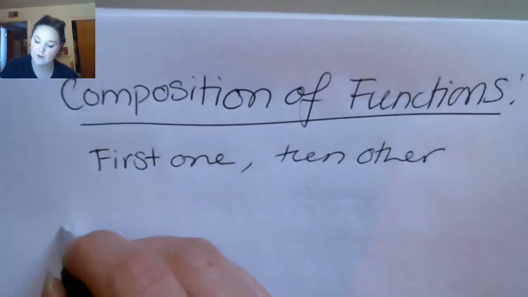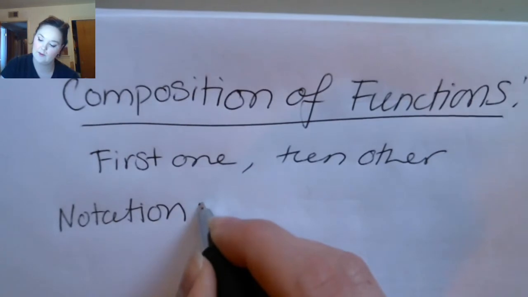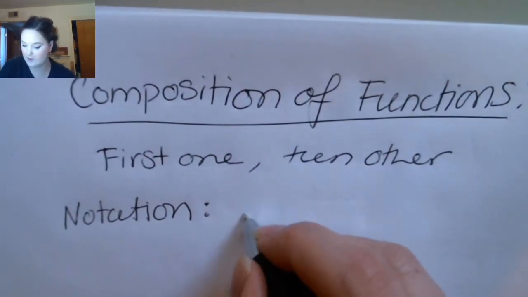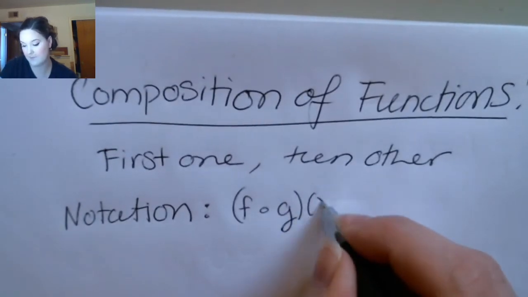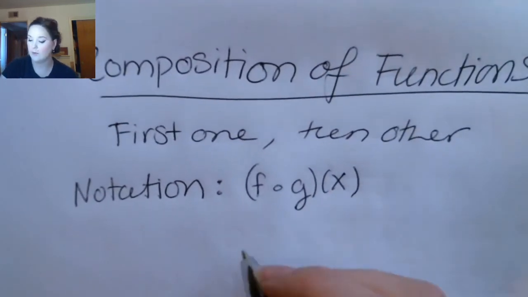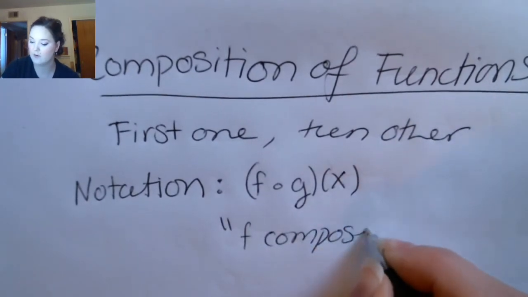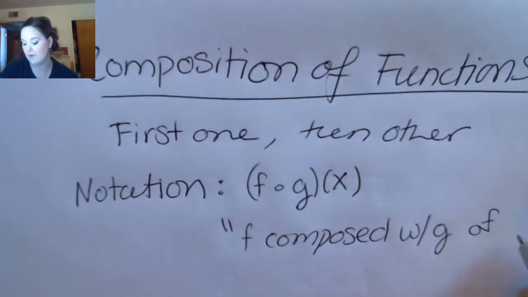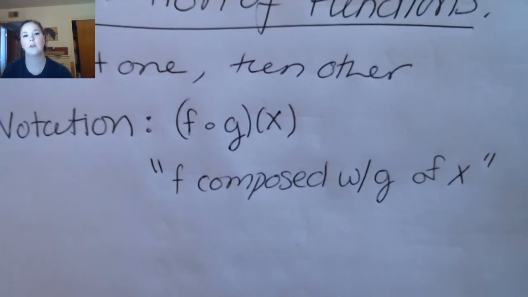Let's look at the notation. The more popular notation looks like this, and you would read this as f composed with g of x. That's how you would say that out loud.